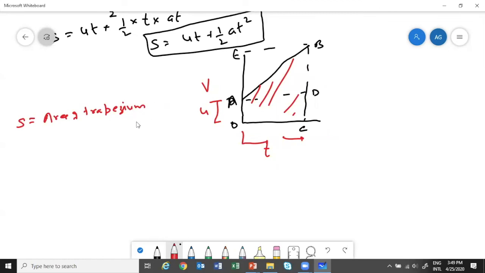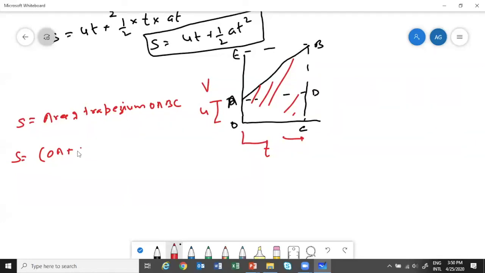The trapezium is OABC. So this is a trapezium, right? You know the formula for the area of a trapezium: this side plus this side, into height, divided by 2.